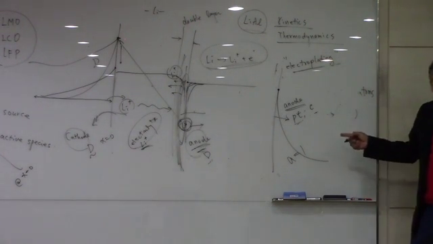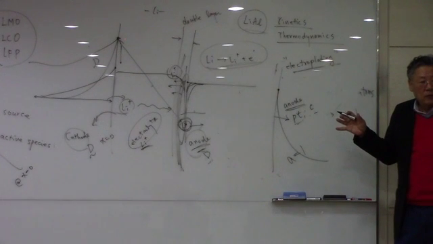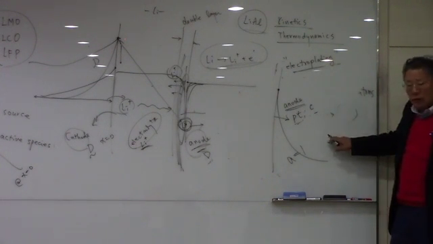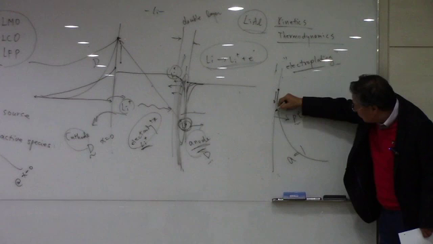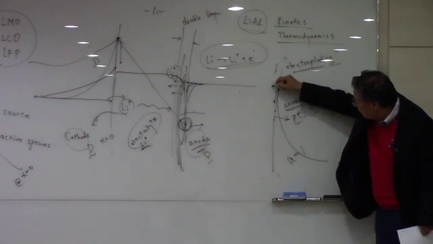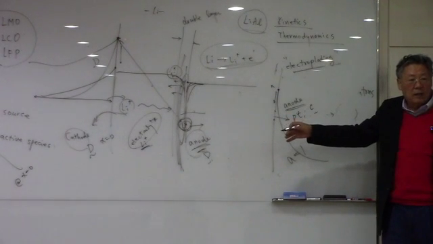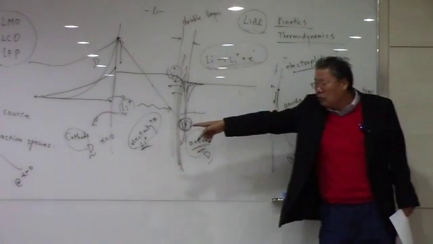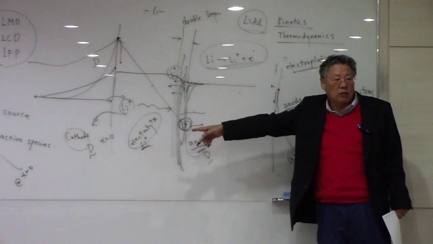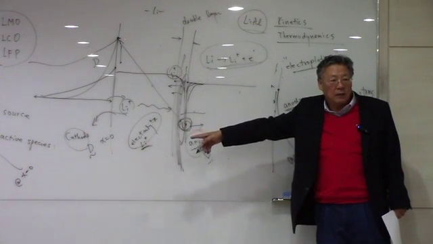And if this anode has a very high diffusion coefficient of lithium, then this concentration goes down and down. It's going to stay away from 1. Then that is not good for the voltage. That is not good for the batteries.